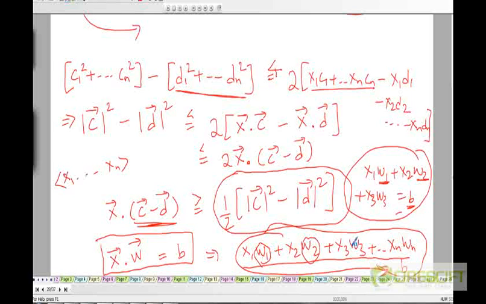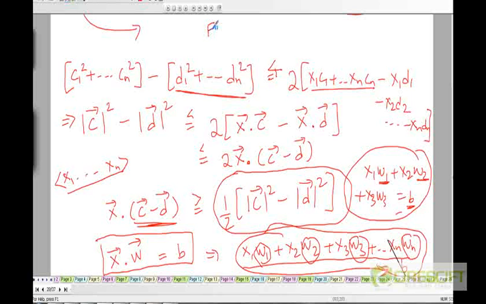These weights are something we will calculate in the training phase. We multiply the weights with the coordinates of the test document x, and see whether the result is greater than B or not. If it's greater than B, then it falls into the class C, otherwise it falls into the class D.